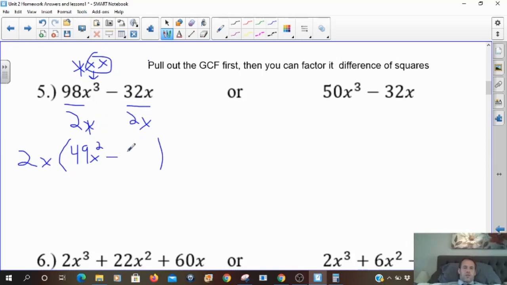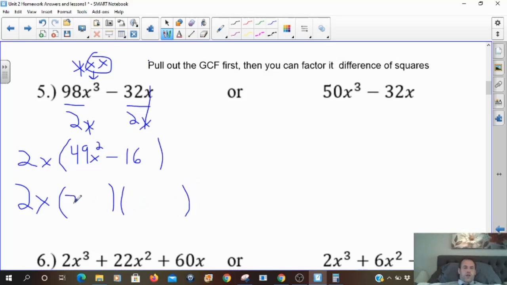We're going to do minus 32 divided by 2 is 16. And then those x's are gone. Nice. So now we'd like to circle that as our answer, but there's technically more that we can pull out. So we're going to factor this with special factoring more, because 49 and 16 are both the difference of squares.